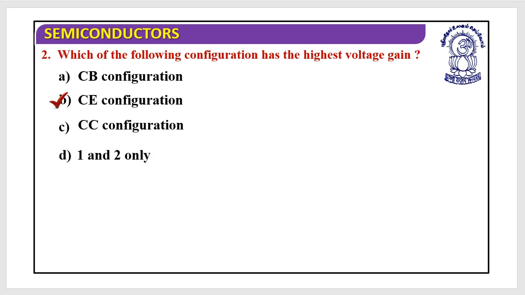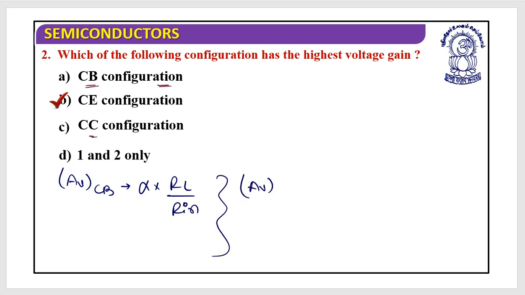Next, which of the following configurations has the highest voltage gain? Let's discuss. We don't know about the CC, but what about the CB configuration? The voltage gain AV of the CB configuration equals alpha times RL by Rin. And the voltage gain of the CE configuration is beta times RL by Rin.